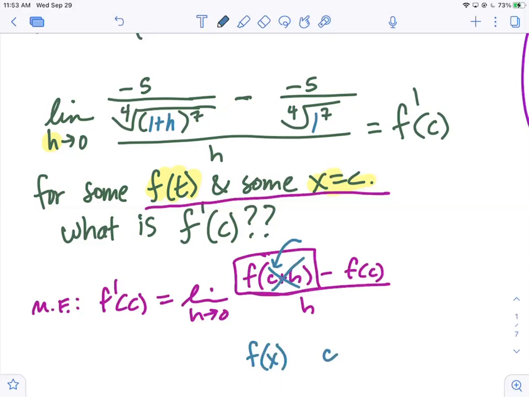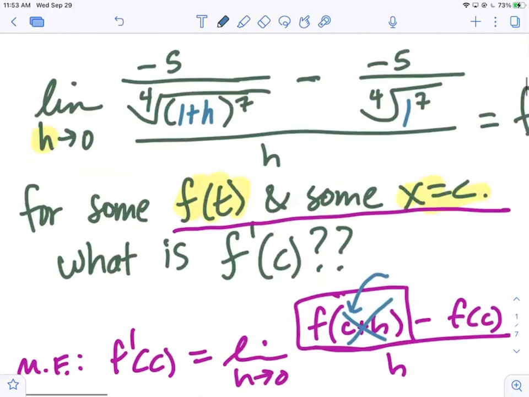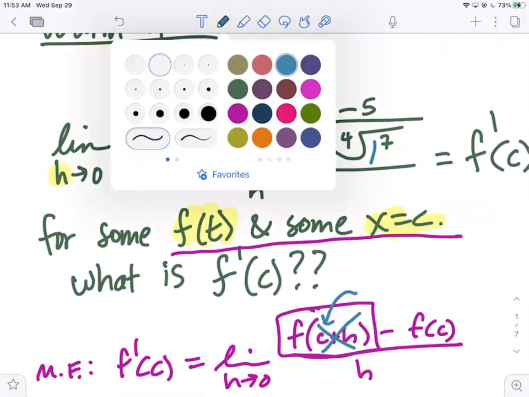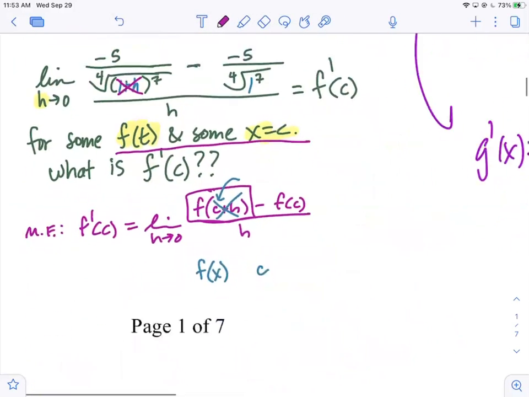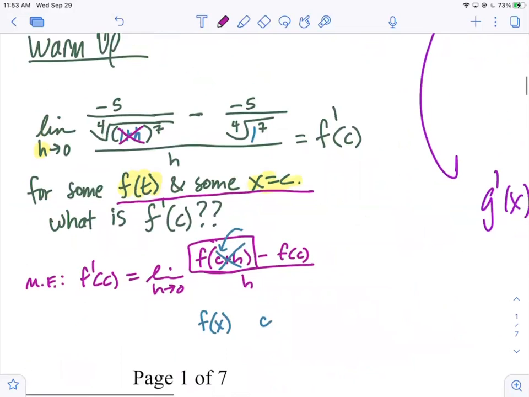All right. So if we do that, let's come up here. I don't like you 1 plus h. That means our function is going to be -5 over the 4th root of x to the 7th. And then if we peek underneath there, what's the c value?